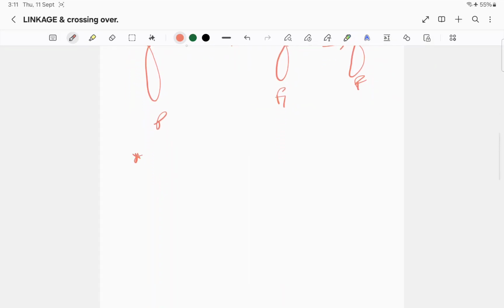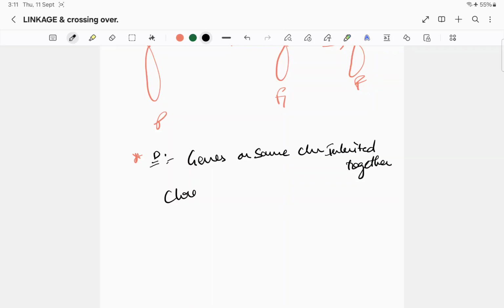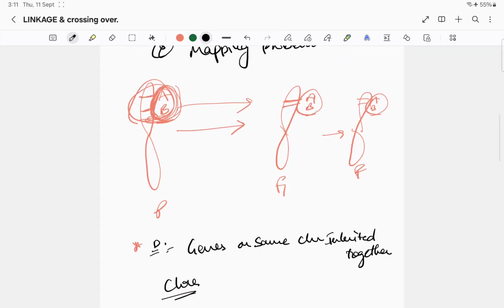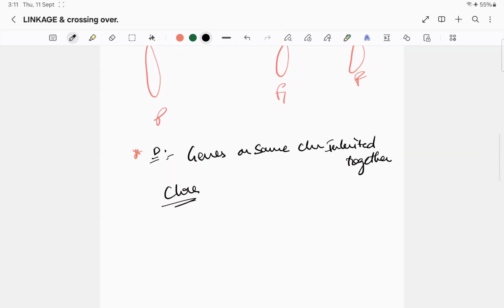So we will highlight the points here. What we have discussed is that genes on the same chromosome inherit together. If genes are present very close on the chromosome, near to near, it leads to strong linkage.